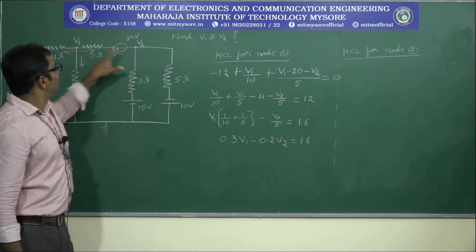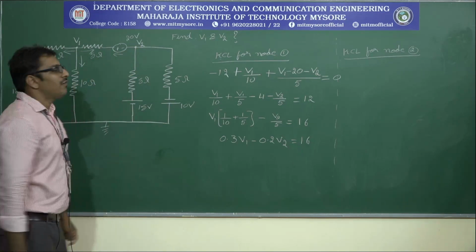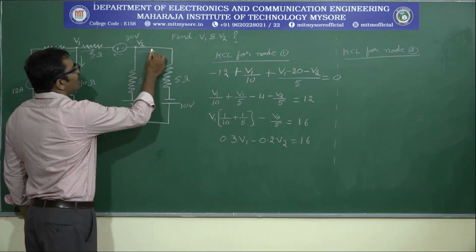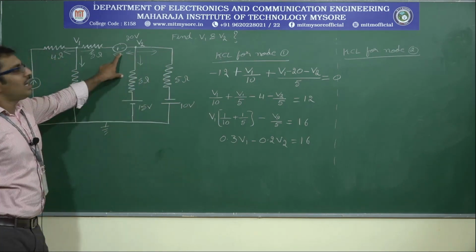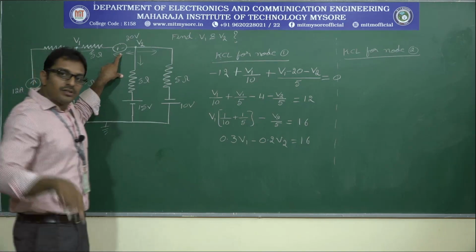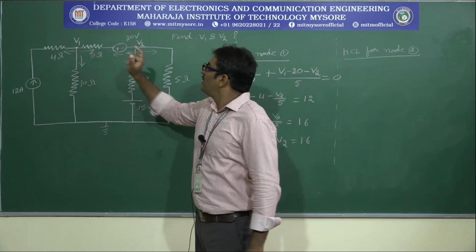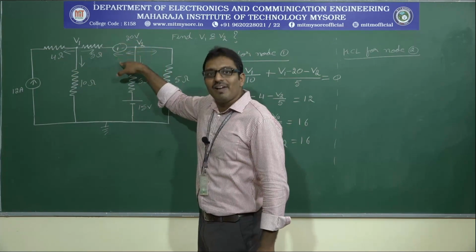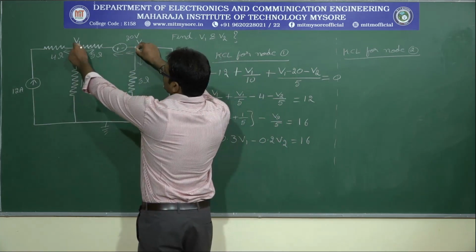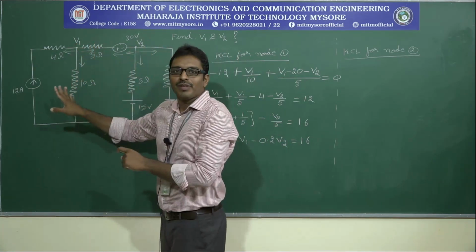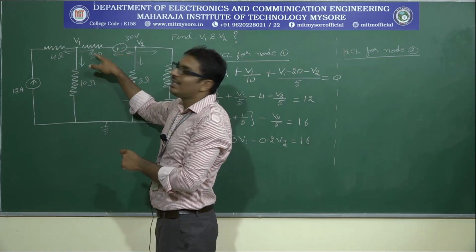First, let me start with this branch. Now we are applying KCL for V2, with all the branch currents leaving from the node. At the same time, this intermediate 20 volt voltage source is also supplying the current in the same direction. That's why V2 plus 20. So the potential difference between these two terminals is V2 minus V1. At the same time, one more 20 volt voltage source is connected in series.